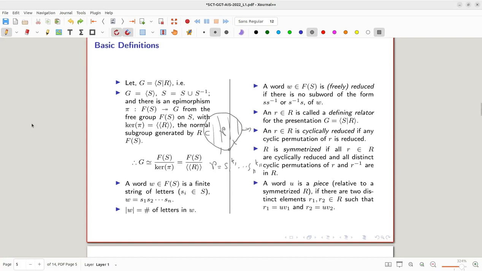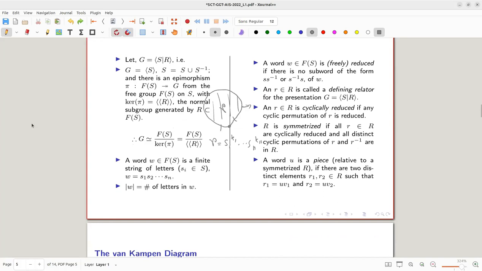So a piece is a subword which gives us such cancellations when we are taking products of elements from R.